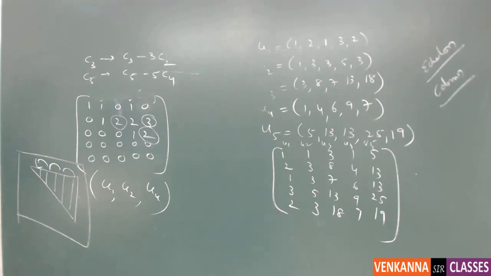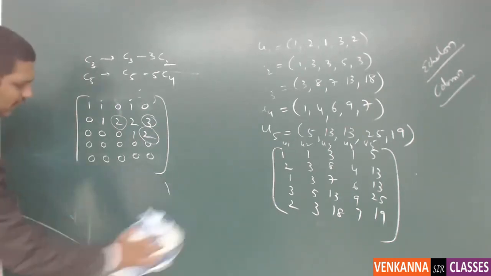Please understand, here I am not actually applying the column operations. I have applied only row operations. In order to get the independent vectors, I am doing the column operations as rough work and understanding that these columns are dependent, so I want to remove them. So what are the remaining ones?